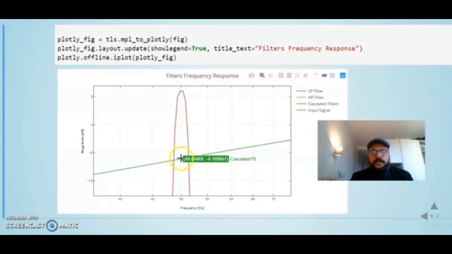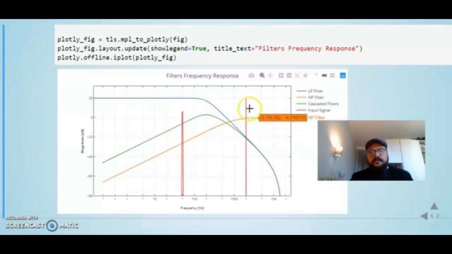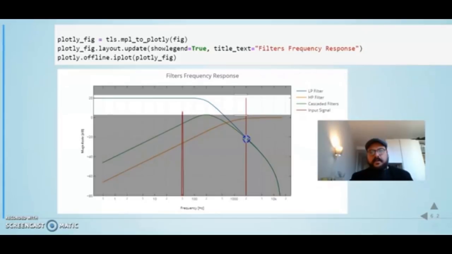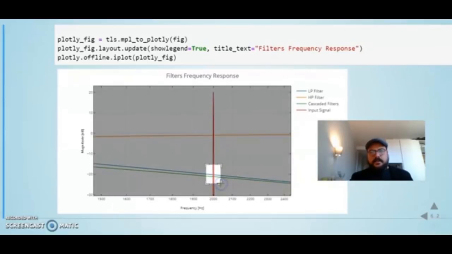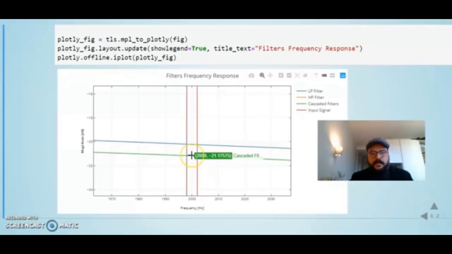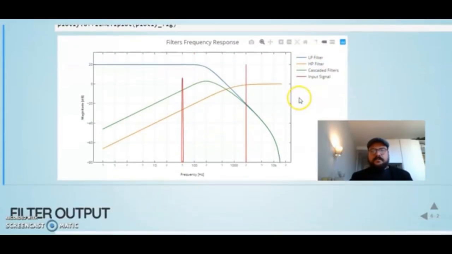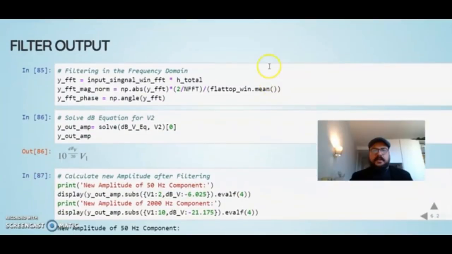We will attenuate at 50 Hz by minus 6.03 dB, and at 2 kilohertz our resulting filter will attenuate by minus 21.175 dB.